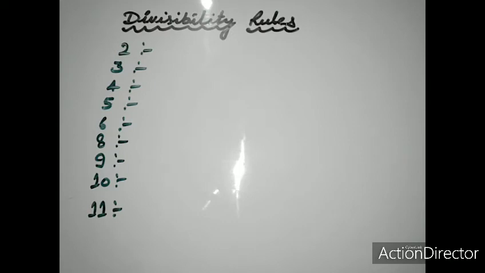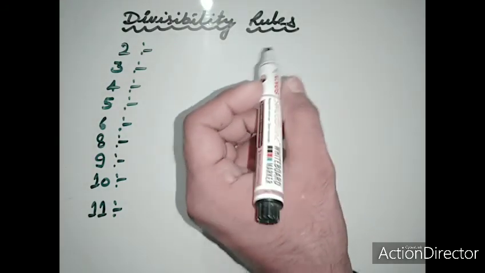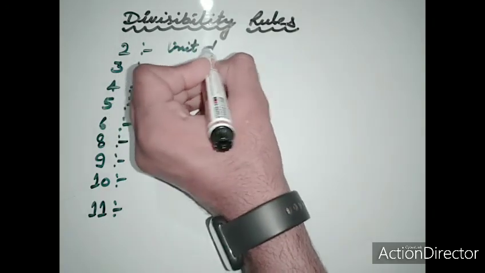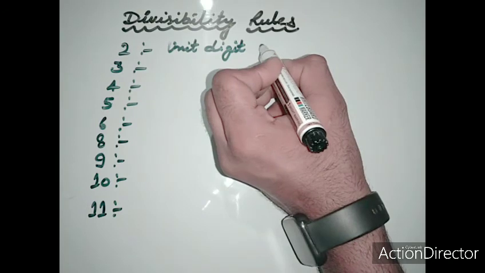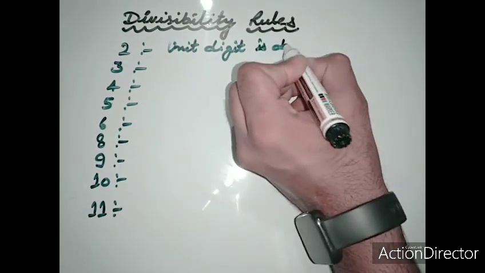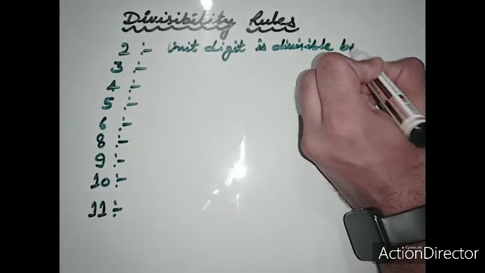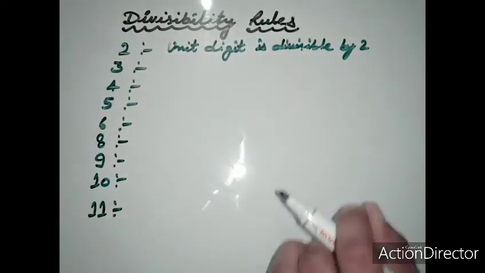So here students, the divisibility rule of 2 is if the unit digit is divisible by 2. If the unit digit is divisible by 2, we say that the whole number is divisible by 2.